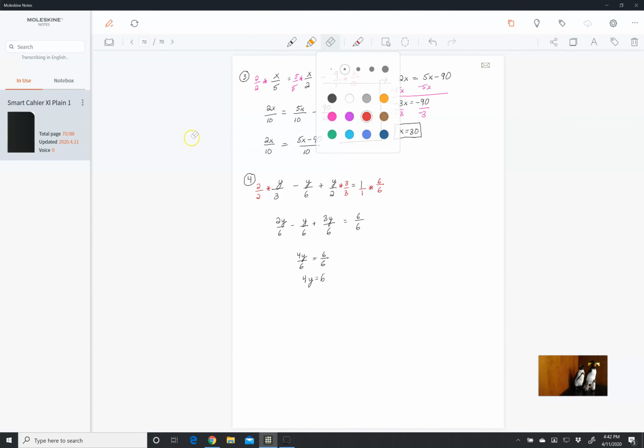And then we can divide both sides by 4. And that means y is equal to 6 over 4, which is really just y is equal to 3 over 2. Okay. And again, this can't be extraneous because all of our denominators are constants. They're not algebraic, so there's nothing to plug into.